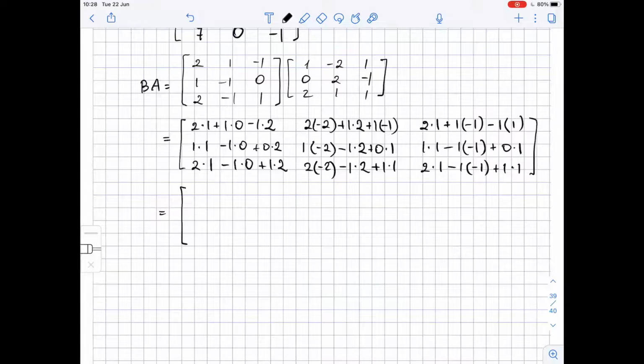So here we get 2 plus 0 minus 2, so it's 0. Then negative 4 plus 2 minus 1, so it's negative 3. Then 2 minus 1 minus 1, so it's 0. 1 minus 0 plus 0, just 1.